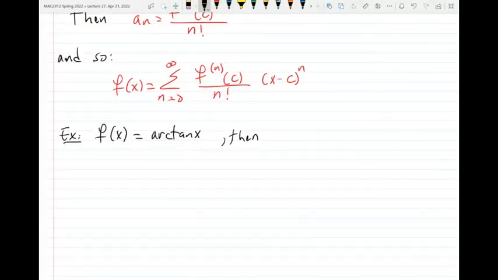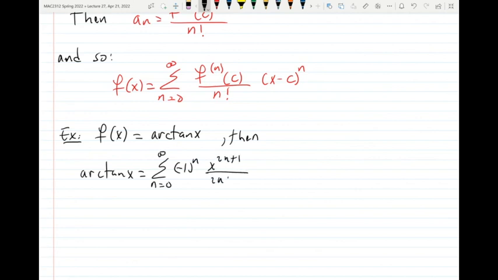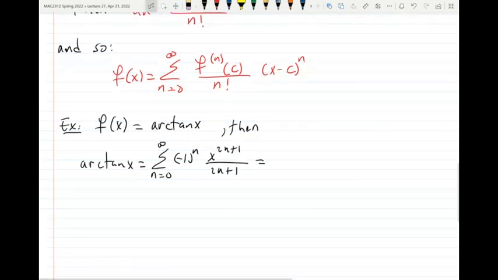So if you have this function, then we have that arctangent of x equals the sum from 0 to infinity, -1 to the n times x to the 2n plus 1 over 2n plus 1, okay? It's handy here. And just to get a feeling of what this is, notice that the only terms that survive here are the odd powers of x.